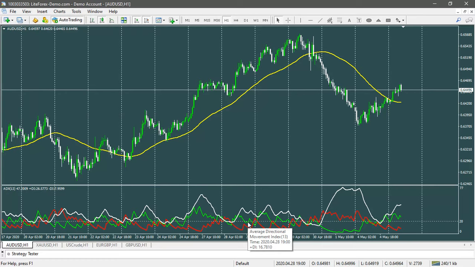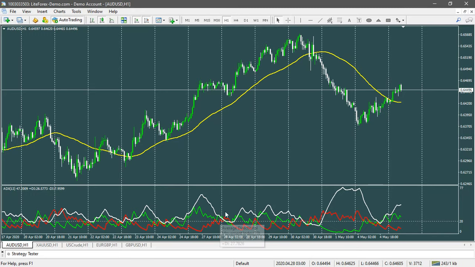The white line, the main ADX line, is only used to indicate trend strength and not direction. Which is why we can identify that a trend is forming and a strong trend is actually running. But then we will need a moving average to tell us in which direction either support or resistance has been formed or confirmed.